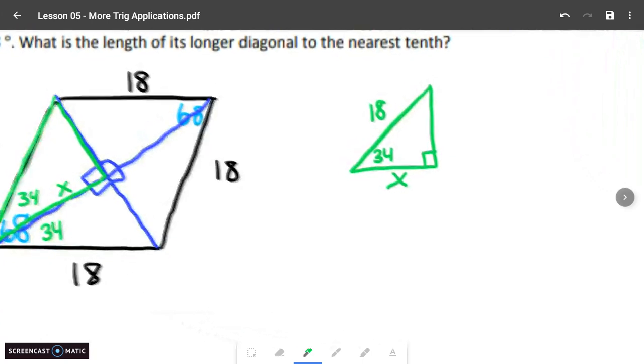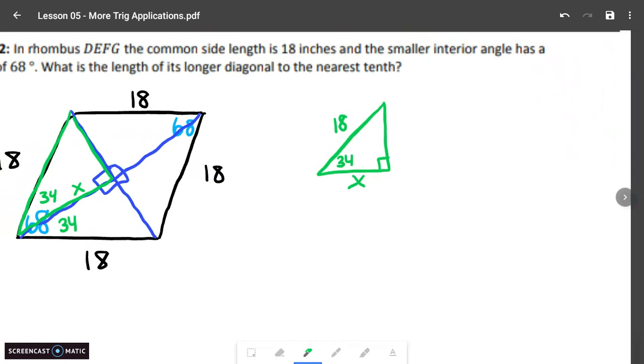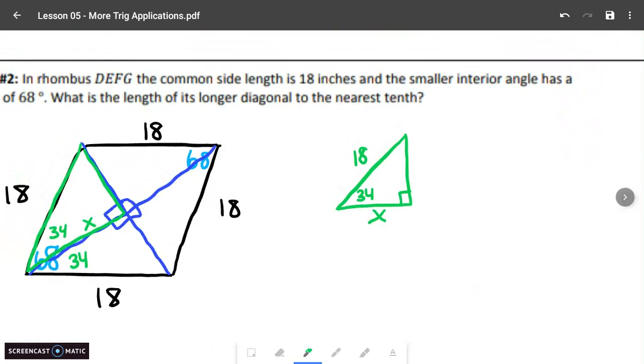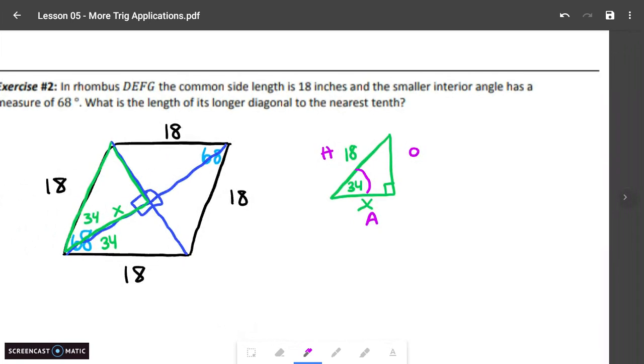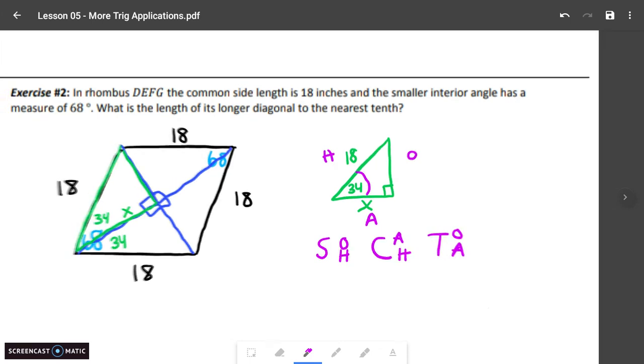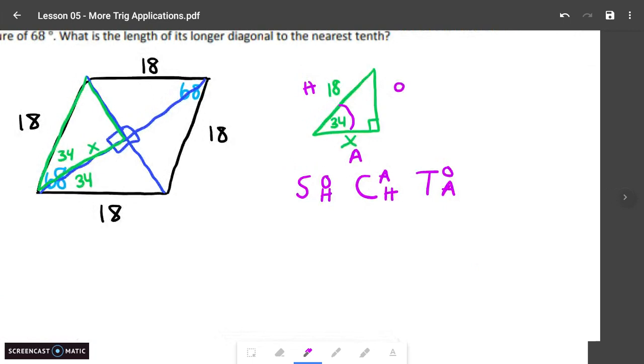Okay, so now that we have this set up, we're going to go ahead and solve for x. Remember, in this case, we have the hypotenuse. We don't have the opposite, but we're trying to find the adjacent. So from our phrase, SOHCAHTOA, we are going to use cosine.